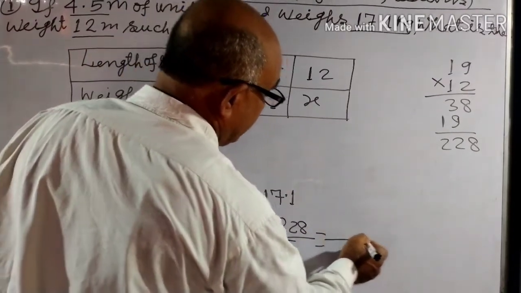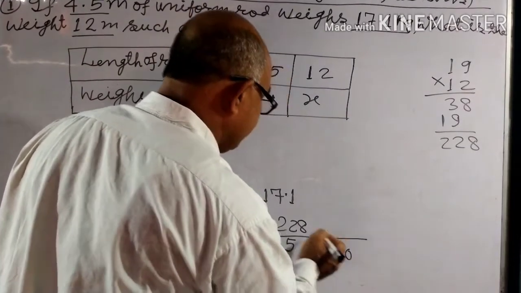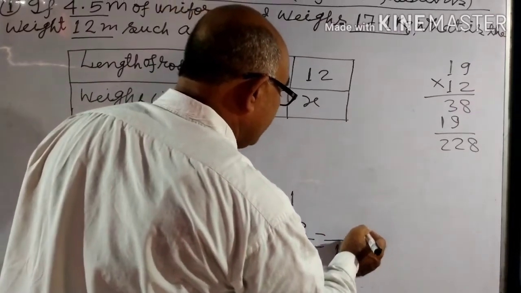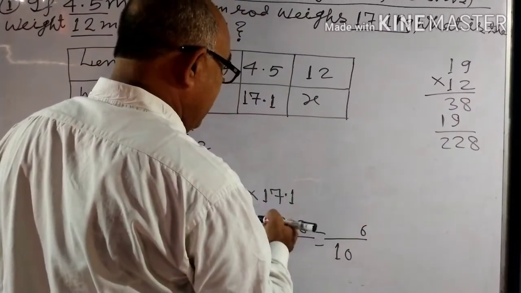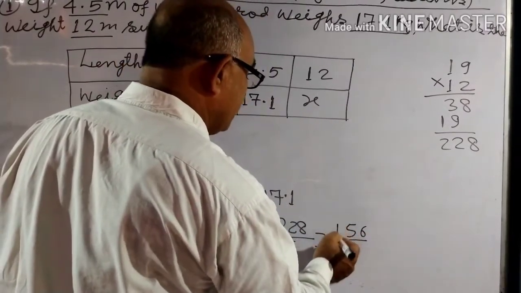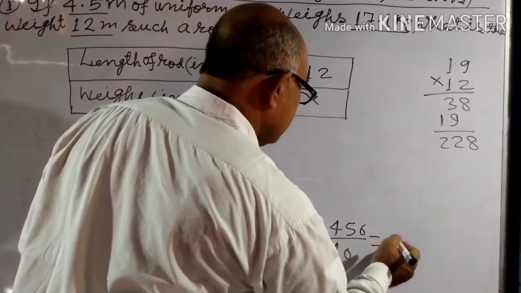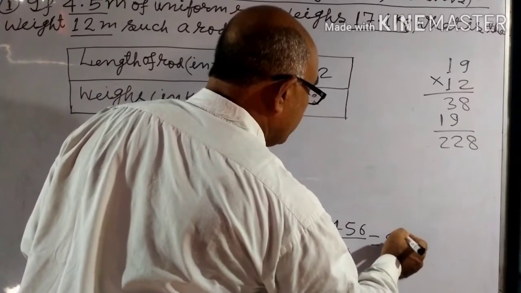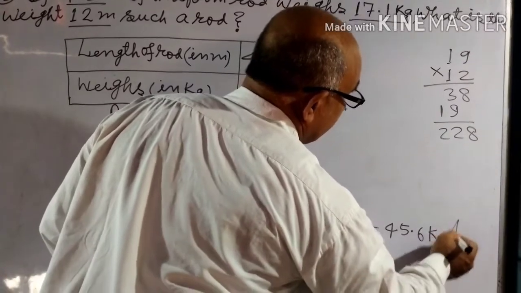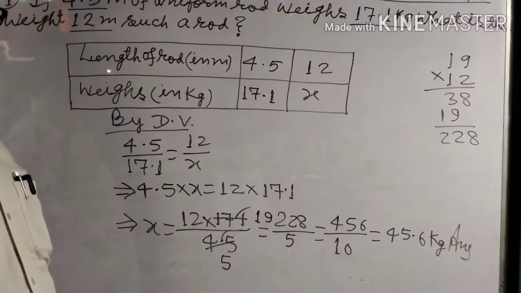Now numerator and denominator multiply by 2. So 5 times 2 is 10 and 228 multiplied by 2 is 456. Now 456 divided by 10 equal to 45.6 kg. Answer. Understand and write it.